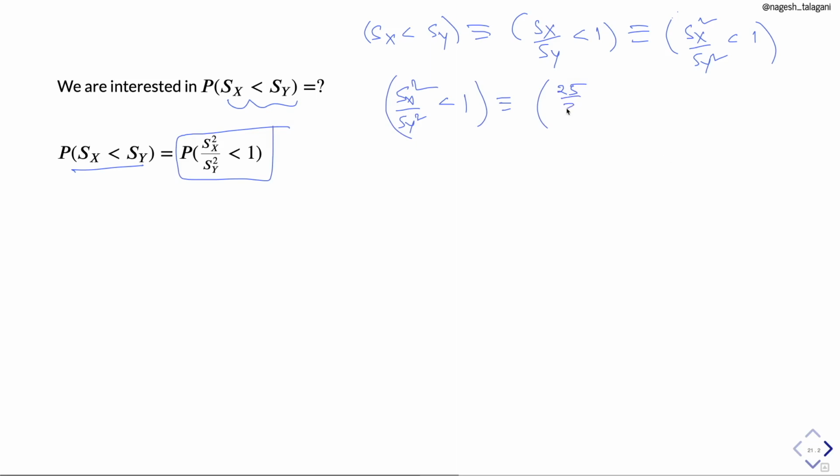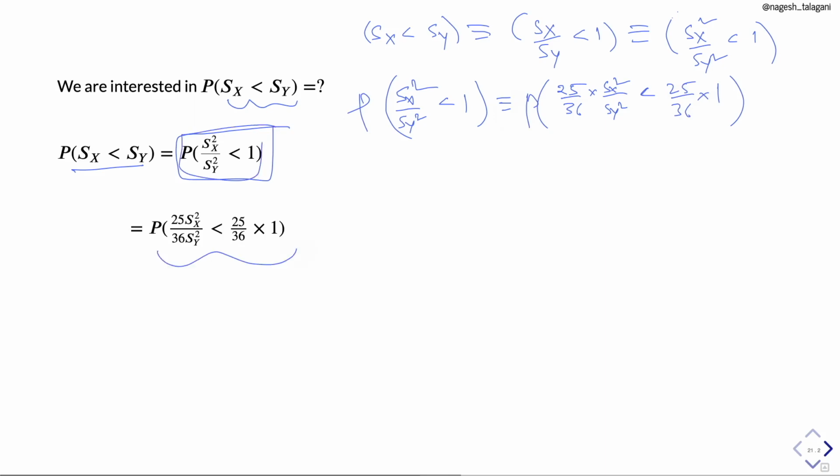Now this event Sx square by Sy square less than 1 is equivalent to, if I multiply 25 by 36 on each side, okay, so the probability of this event will be the same as the probability of this event. So the probability equals the probability of 25 sx square by 36 sy square less than 25 by 36 times 1.